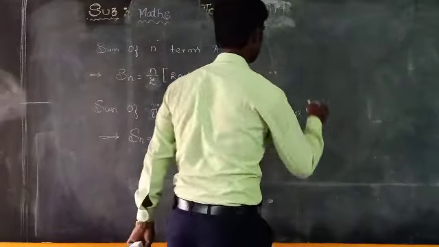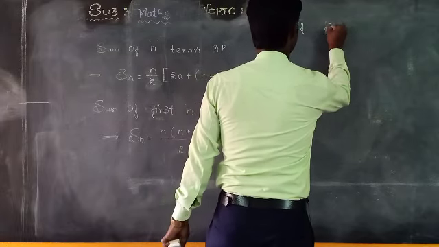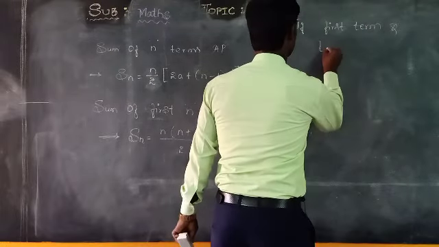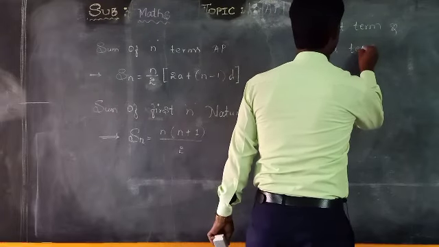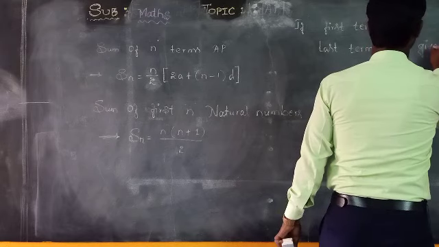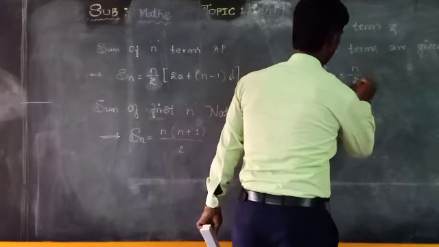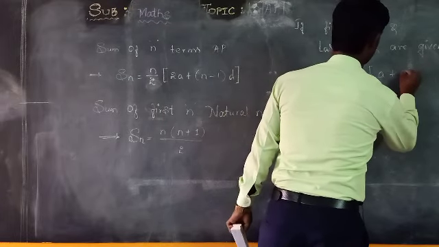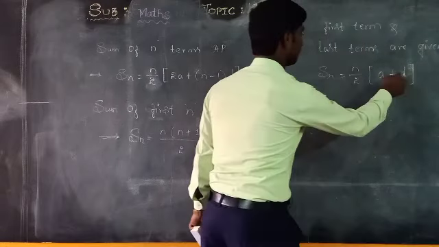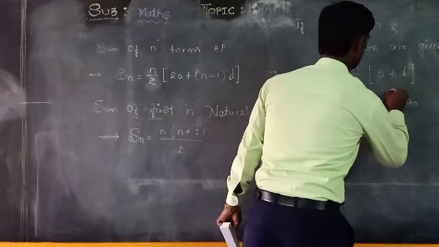Next, if the first term and last term are given, Sn is equals to n by 2 of a plus L. Here L is nothing but the last term, or we can rewrite L is equals to an, the nth term of AP.